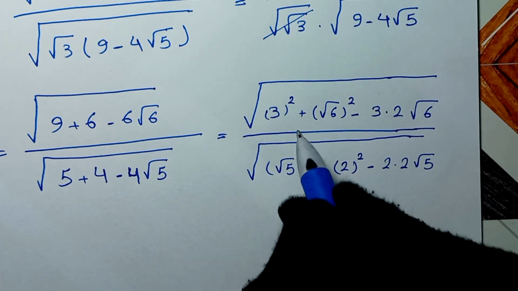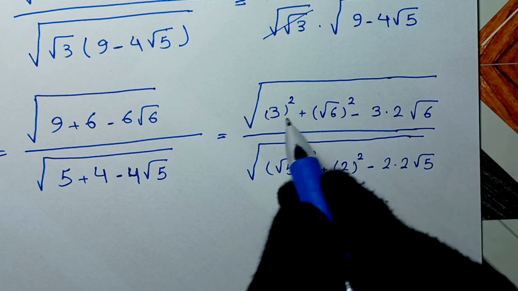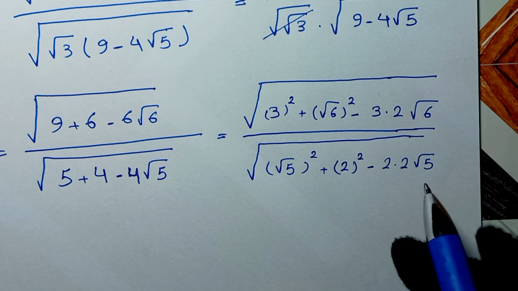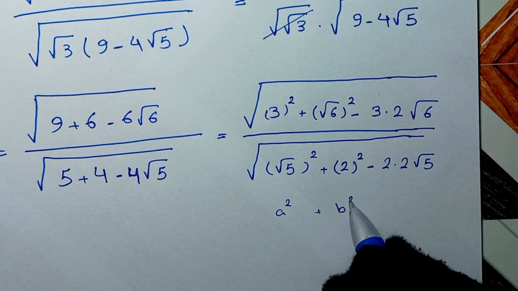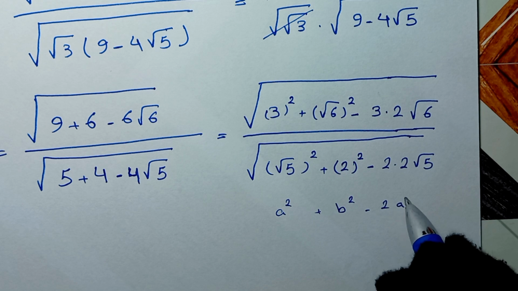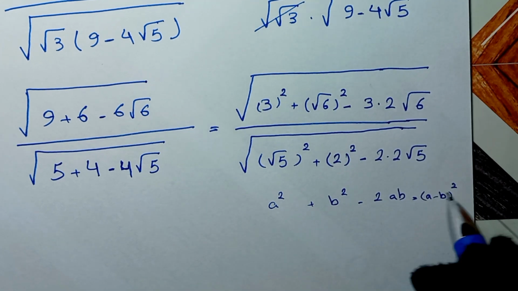And if you look at numerator and denominator, both of them are in the form of a square plus b square minus 2ab. And this is equal to a minus b to power of 2, right?